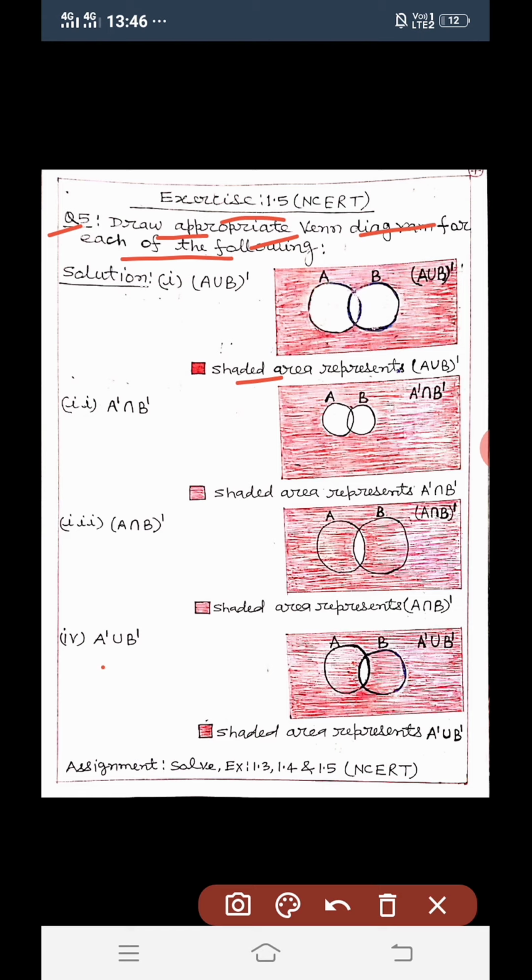Here the shaded area in the third and fourth figures represents A intersection B whole complement and A complement union B complement.